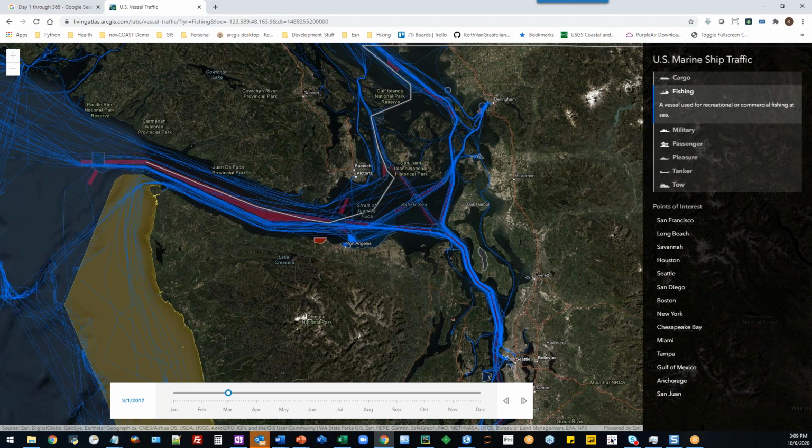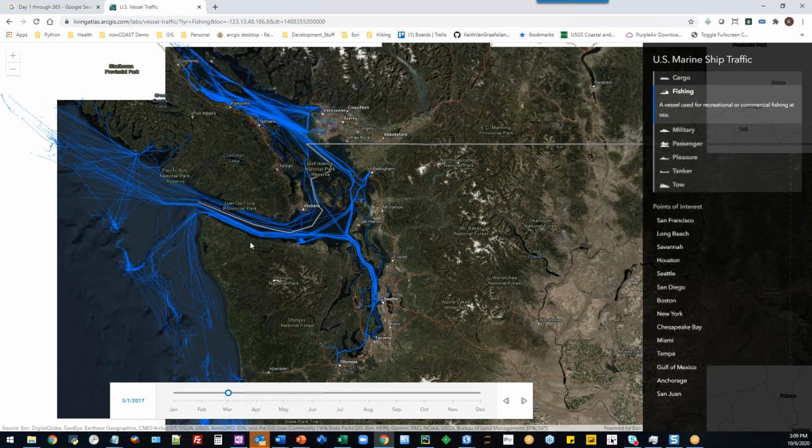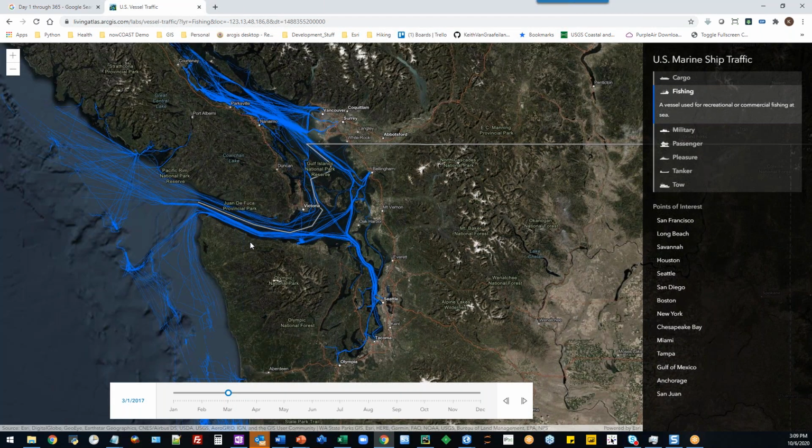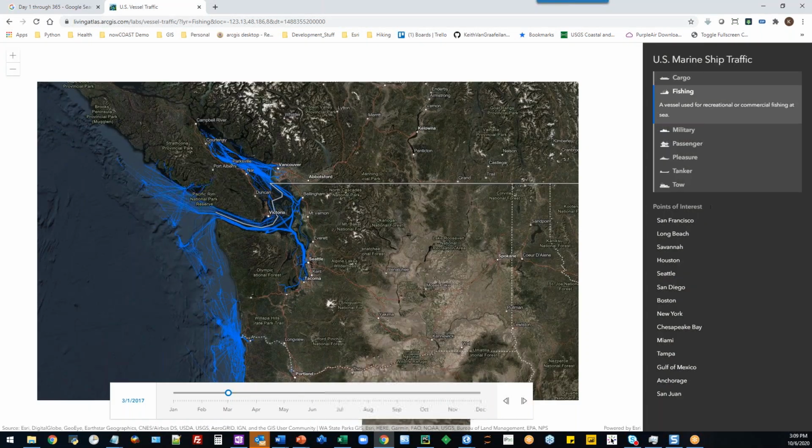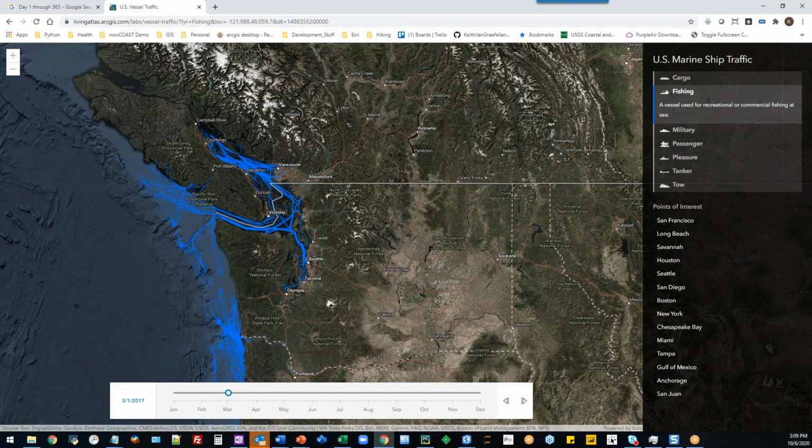Traditionally, this data is delivered as bulk CSV files that take a lot of rigor to work into something that the marine spatial planning audience or practitioners can use to understand the patterns occurring not only spatially but temporally within the waters of the United States.